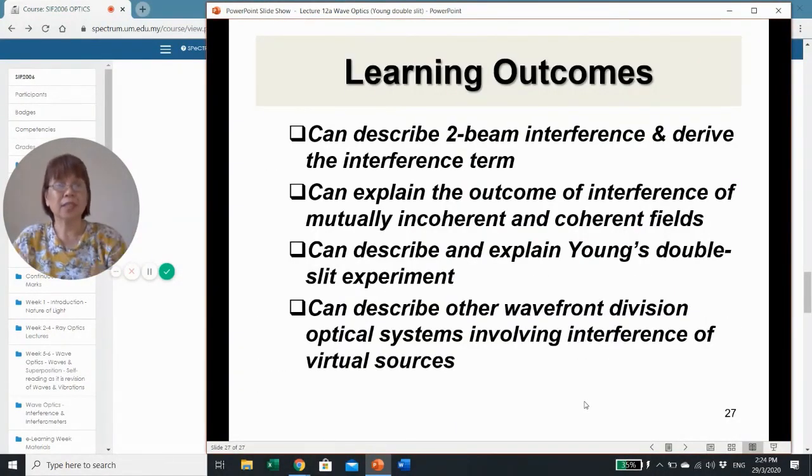All right. The learning outcomes for lecture 12: you should be able to describe two-beam interference and derive the interference term.